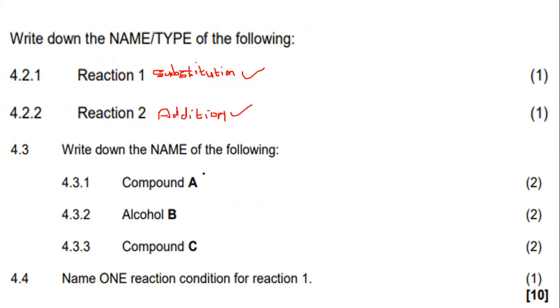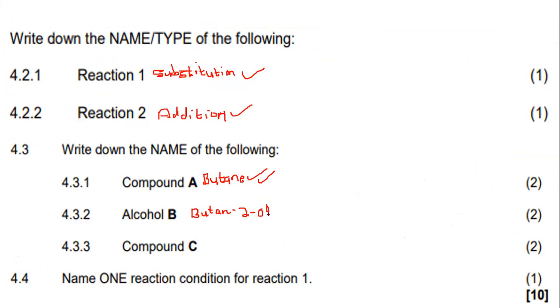So compound A, we agreed that this is butane. And can you see, my dear learners, you are just going to get 2 marks for that. So the examiner actually likes us, giving us a lot of marks there. Alcohol B, we agreed that it is going to be butan-2-ol.